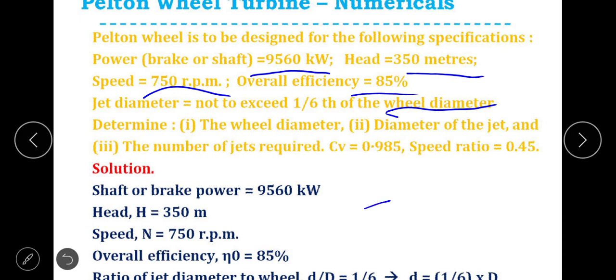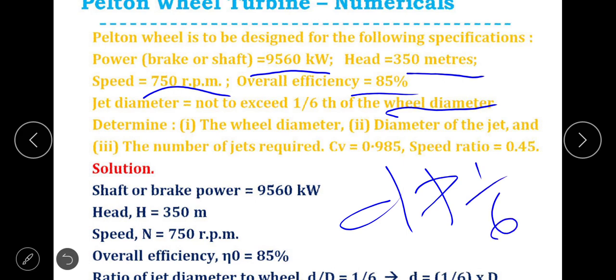Jet diameter small d should not exceed 1/6 of the wheel diameter or pitch circle diameter, capital D. You have to find out the number of jets required, the wheel diameter D, and the diameter of the jet, small d. Cv is given as 0.985, speed ratio is given as 0.45.